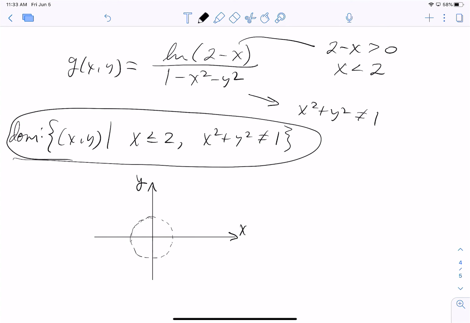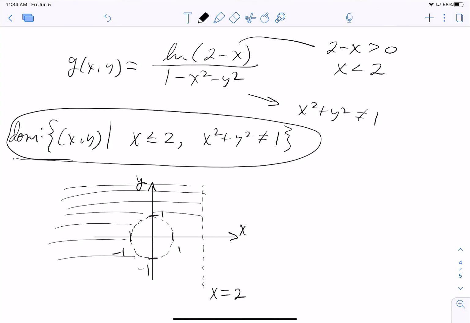But also we're looking at that x is less than 2. So I'm going to draw a vertical line where x is equal to 2. It's a dashed line. I'll mark here that we have the circle of radius 1, so I'm just putting marks on the x and y axes there. And the domain is all of the x values less than 2, so shading to the left of the vertical line.